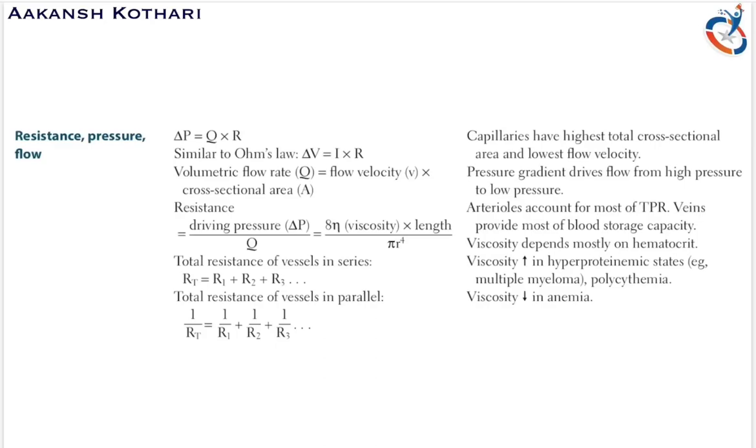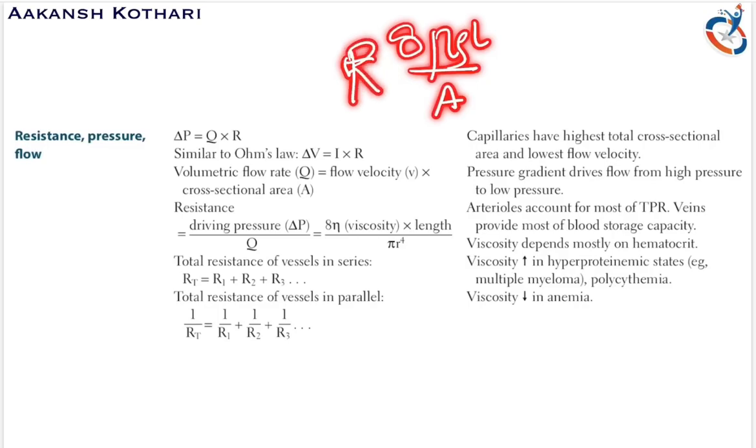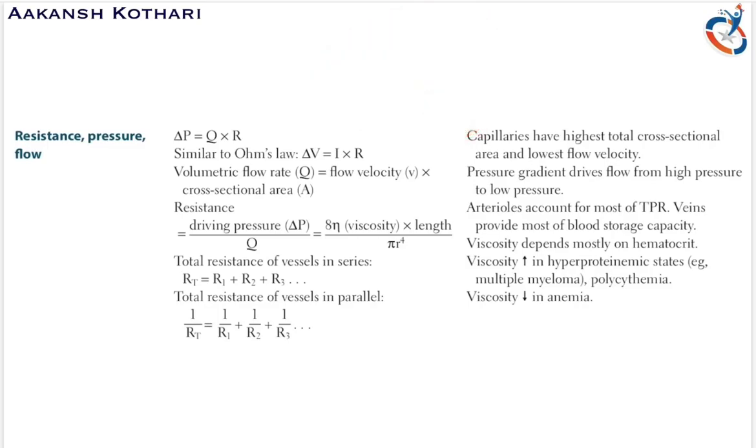Okay, now talking about the resistance of a circular cylinder, which is the capillaries or the arteries or the veins, it is measured as 8 eta L by A. Okay, so this is the actual equation of a pipe or a cylinder, where eta is the viscosity, L is the length of the tube, and A is the area, that is the cross sectional area.